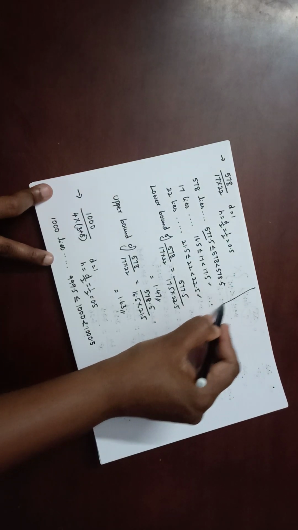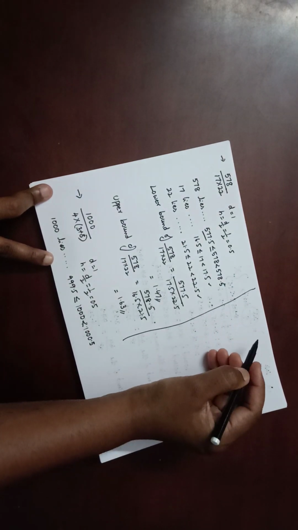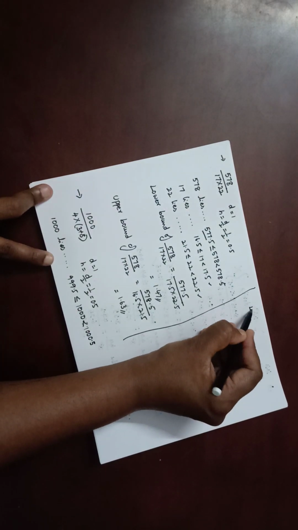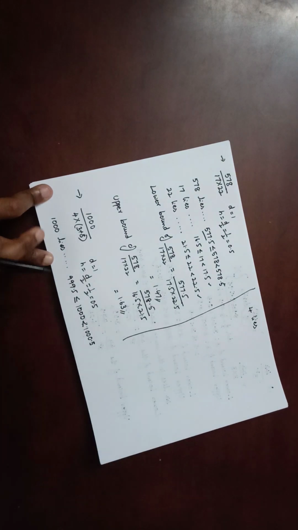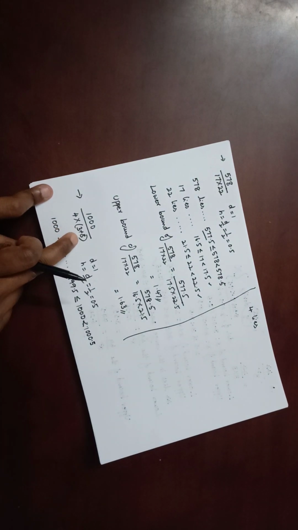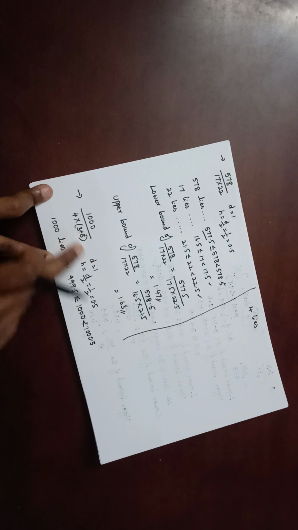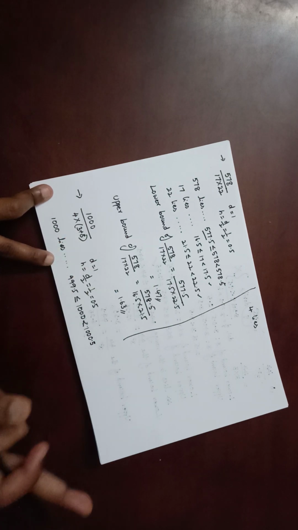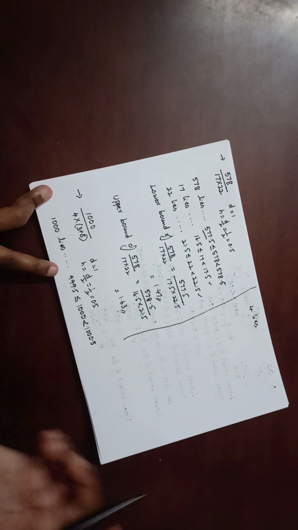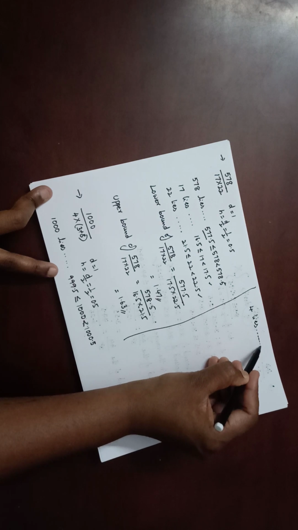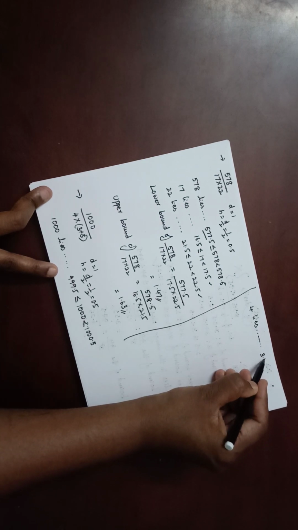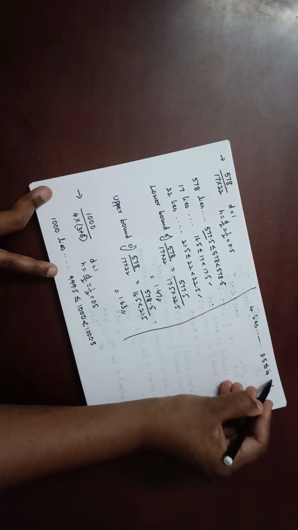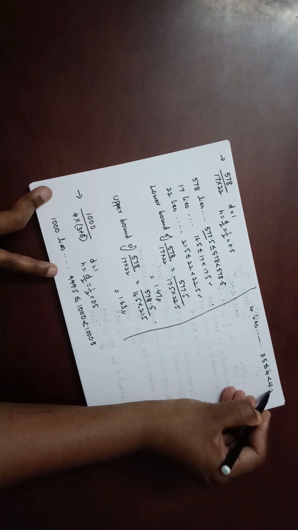So next see, don't do the calculation. 3 plus 8 is 11, 4 into 11 is 44. Don't do the calculation. Your lower and upper bounds will be changed because of that. 4 lies in the range 3.5 less than or equal to 4 less than 4.5.